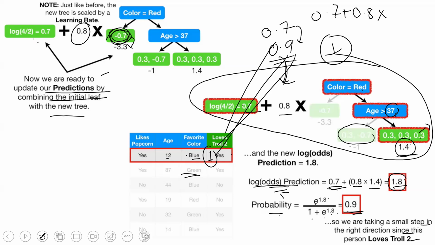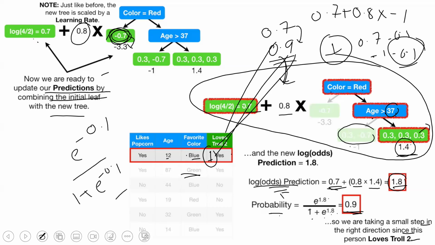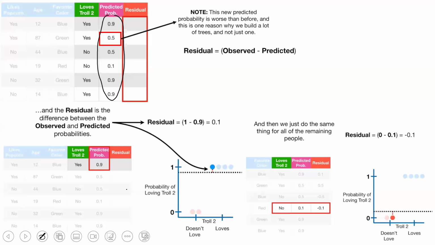It comes here, so it is minus 1. So 0.7 minus 0.8 is minus 0.1. This is the log of odds. Now you apply e to the power of minus 0.1 divided by 1 plus e to the power of minus 0.1, and that gives you this 0.5 value.